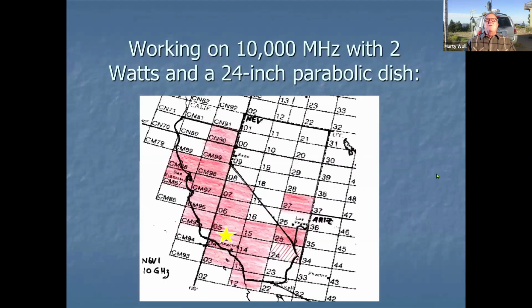Just to give you an example of what can be done, this is my confirmed grid squares from this point here. That's up at around 8,000 feet in the Angeles Forest. This is on 10 gigahertz with a 24-inch dish and 2 watts and no preamp on the receive side.